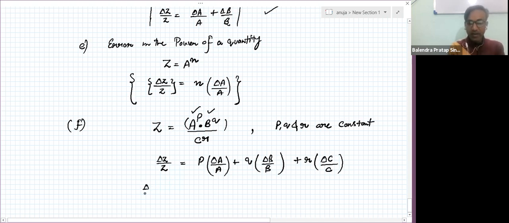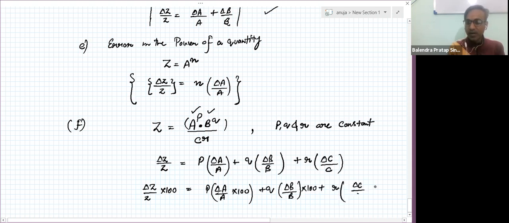If you multiply here with 100, this is a percentage error: p delta a upon a into 100, so this will convert into percentage error, plus q into delta b upon b into 100, that is again percentage error, plus r delta c upon c into 100, that's again percentage error. So all the values are in terms of percentage error.